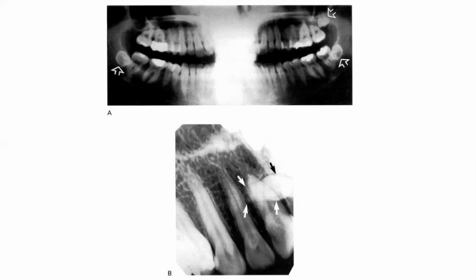Next, we have odontomes. Odontomes can be either compound or complex. They are basically dental developmental anomalies. A compound odontome, which we can see in the radiograph above, is made up of several small tooth-like denticles.